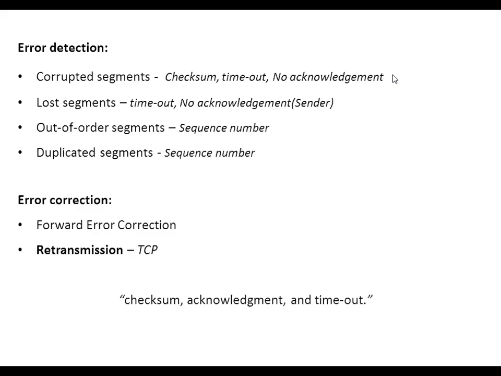Error correction in computer networks is done by using two techniques. One is called forward error correction. The second one is called retransmission. In case of forward error correction, the position of the error will be identified and the bit will be changed.